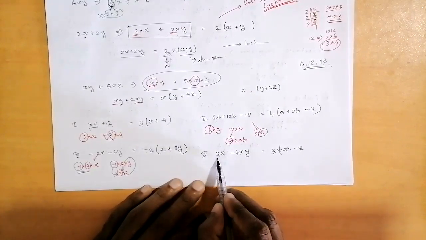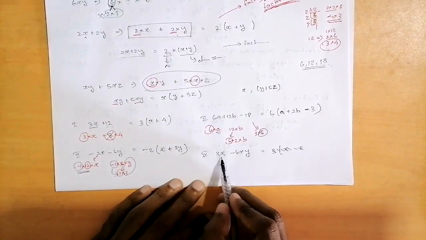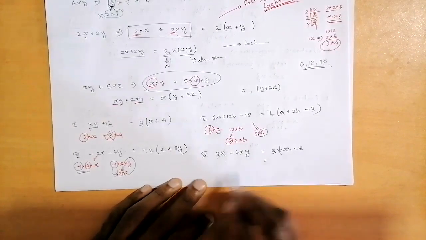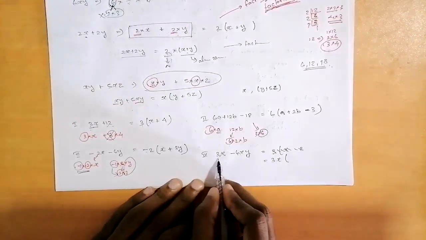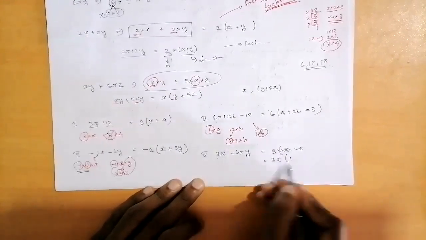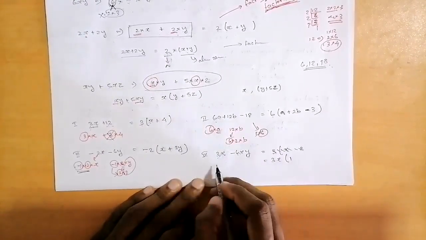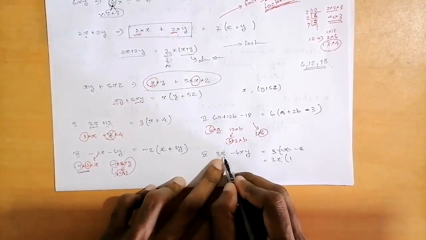If you check the numerical value, we have a common factor along with the algebraic term. We'll take 3x as common. If we take the entire 3x, remaining is 1, because if you multiply it, it gives the result: 3x into 1, 3x.